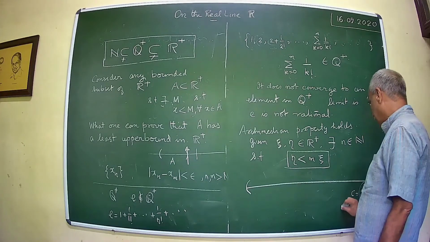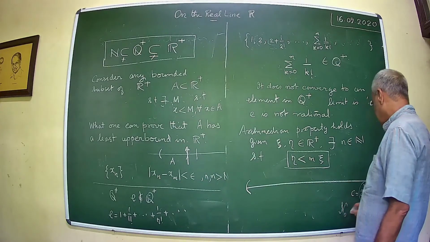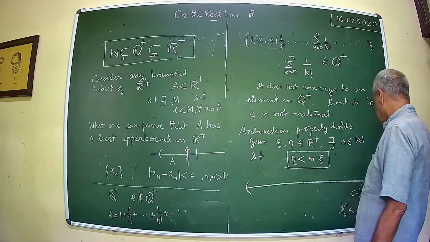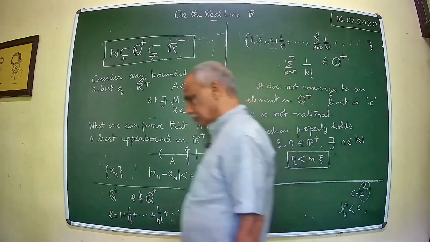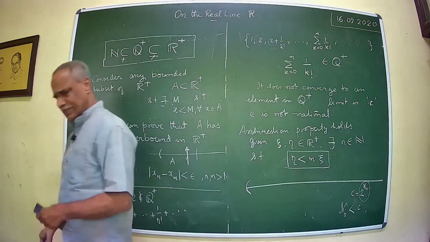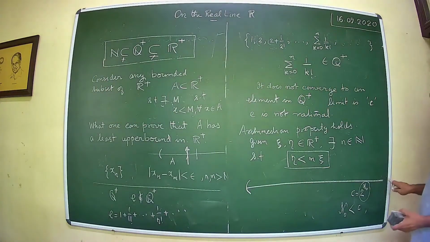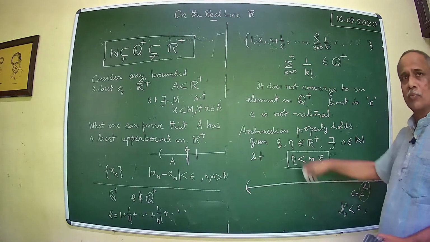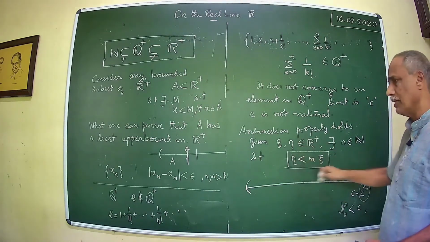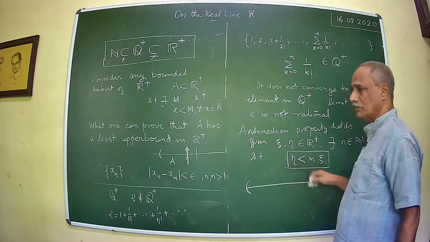And aleph naught is of cardinality less than that of c. So after constructing Q plus, you see that this line is full of holes, and there are more holes there than the filled up regions, although deceptively it is not visible.